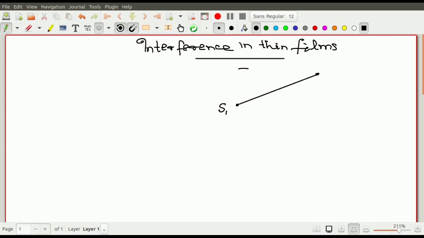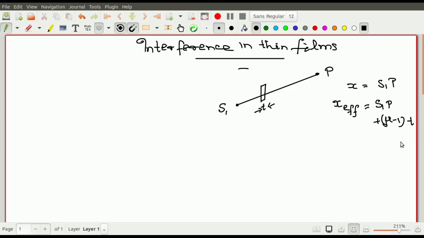So we have learned that if I have to move along a path from S1 to P, originally this path was some x equals S1P, the original distance from S1 to P. But after the introduction of this plate, the thickness of the plate was T. So what actually happened is that the effective path length, x effective, from S1 to P has increased from S1P and has become S1P plus mu minus 1 into T.